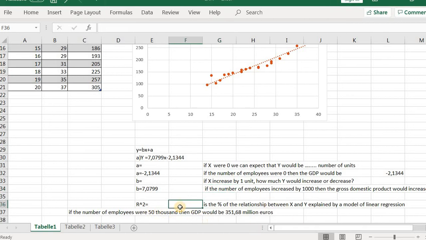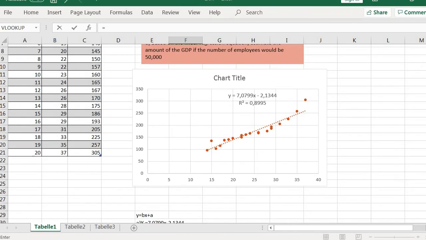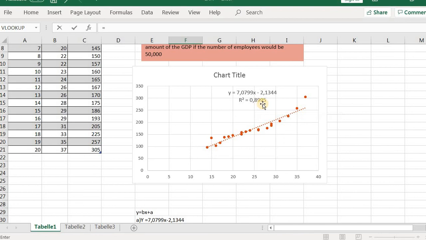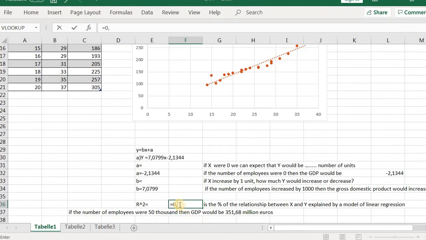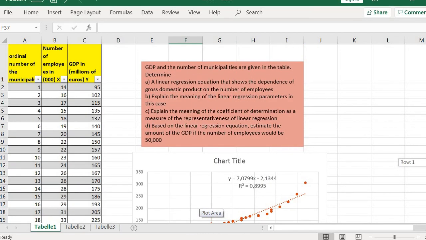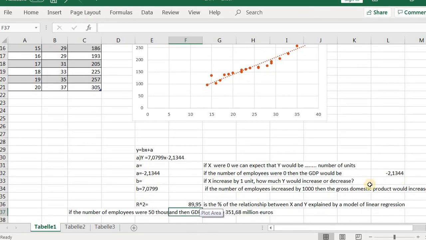Okay, that is easy to do. The value of R squared is 0.8995. Multiply with 100, and this is the percentage. That means 89.95% of the relationship between X and Y, between the number of employees and the GDP, is explained by the linear regression model.